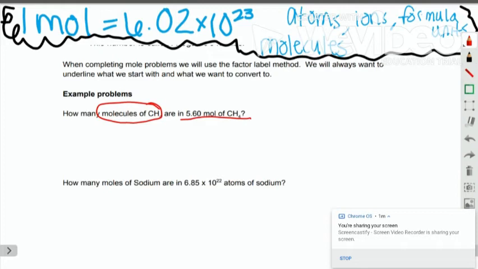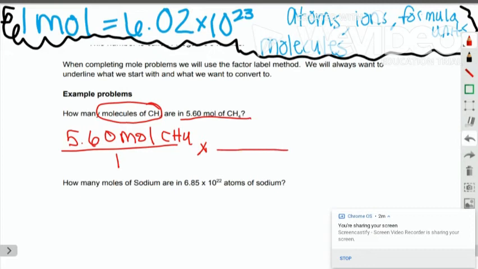So we're starting with moles, and we're going to go to molecules. So we always write our number and units at the top with a 1 underneath. So we have 5.60 moles of CH4 at the top.